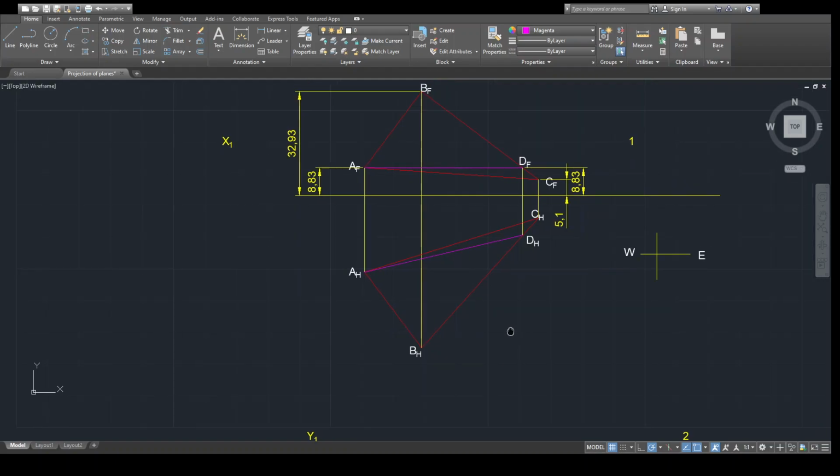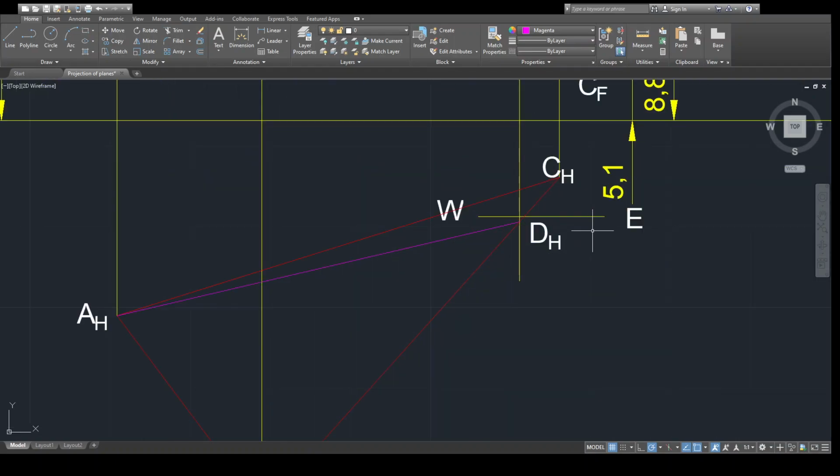Now, in order to find the strike angle, we need to go for the bearing concept, where I will move this unit system here. Now here we have north, south, east, west, and this is our strike line AH DH.